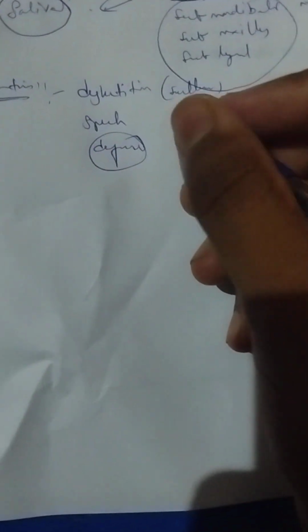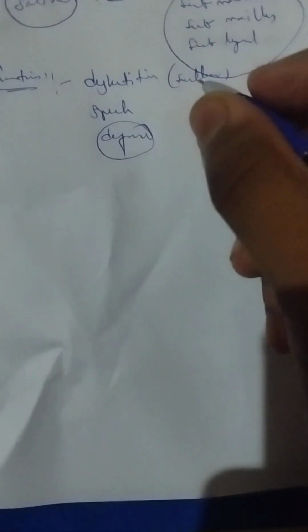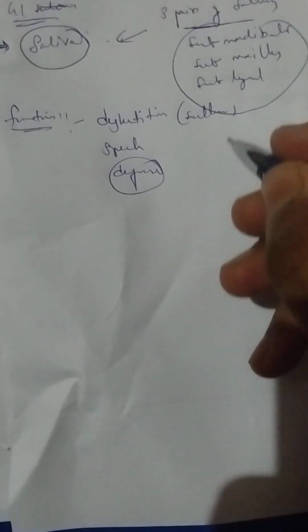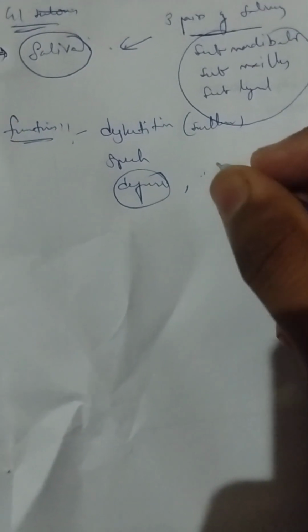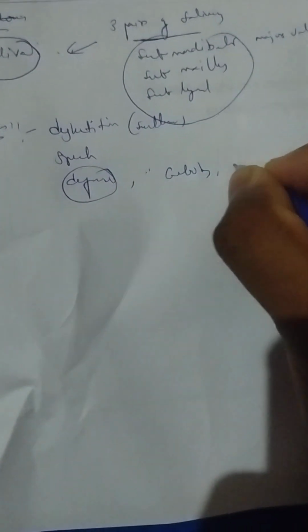Next is speech, and the defense mechanism, because it contains lysozyme, certain antibodies, and certain antibacterial products. It also has enzymes for digestion of carbohydrates and fats.